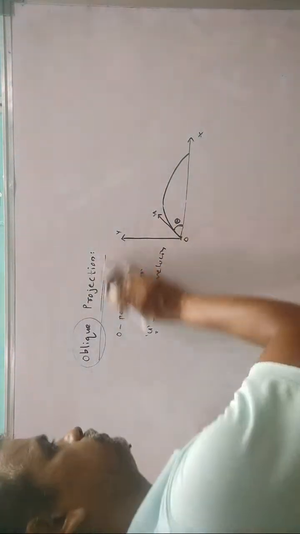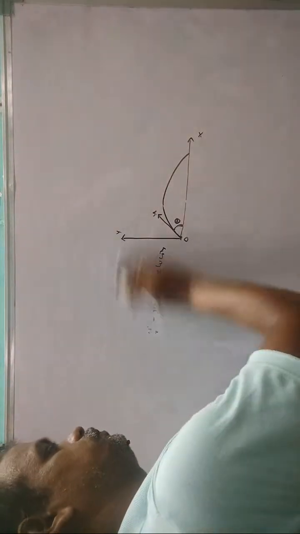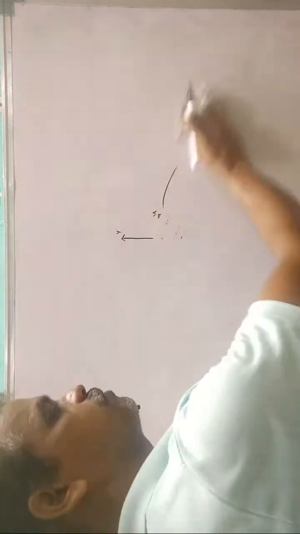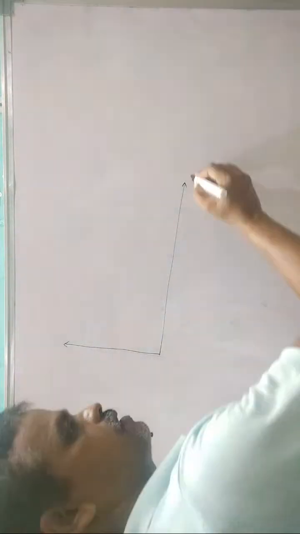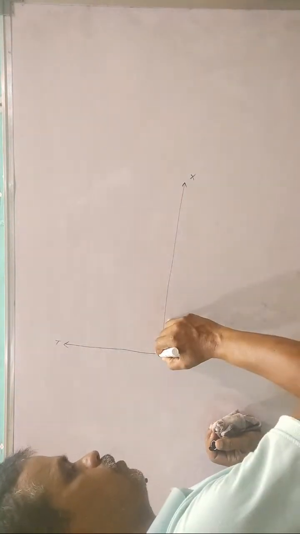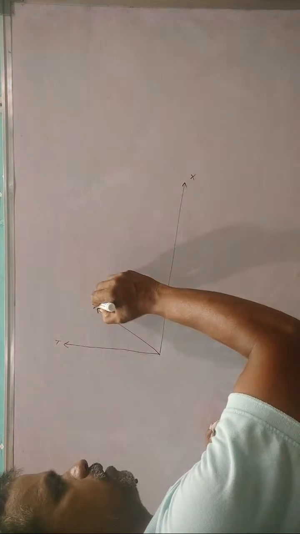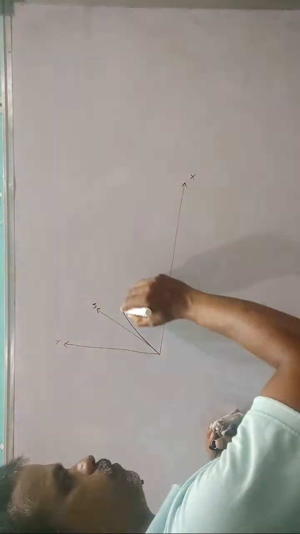So what is happening in oblique projection? We are projecting obliquely. This is the x-axis, this will be the y-axis.